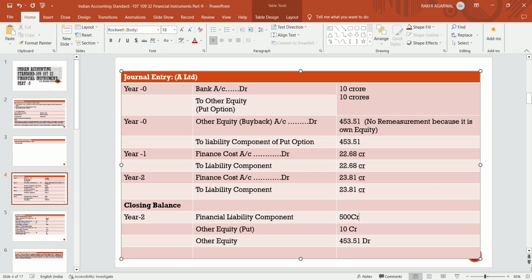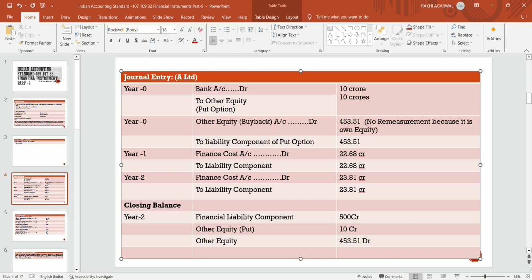So at the date of settlement, the closing balance in year 2 of the financial liability it has to pay is 453.51 plus 22.68 plus 23.81, which becomes 500 crores.